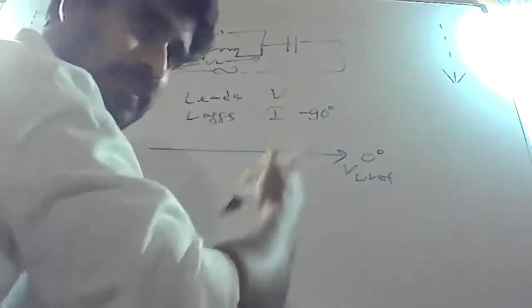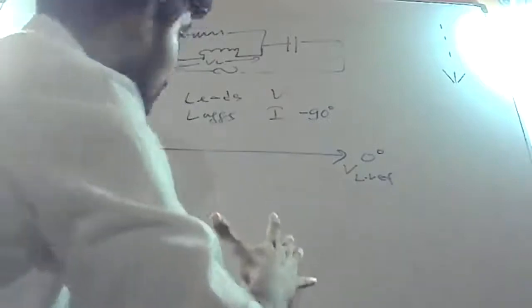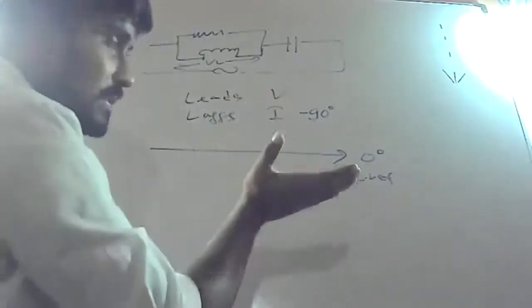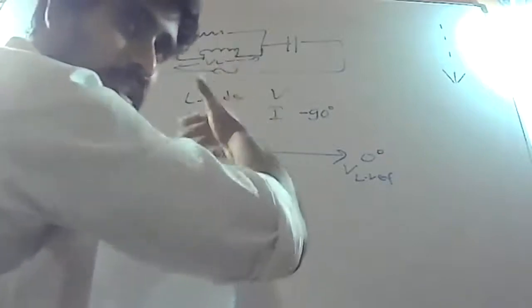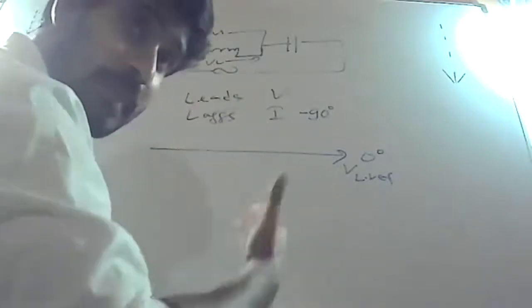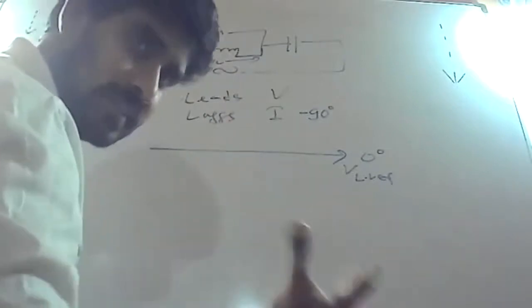So there is a phase difference, and that phase difference is 90 degrees. That means in inductors, the voltage leads with respect to the current. In capacitors, the current leads with respect to the voltage. So that is the theory.